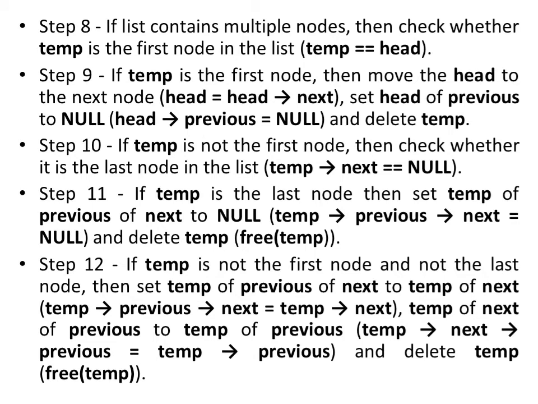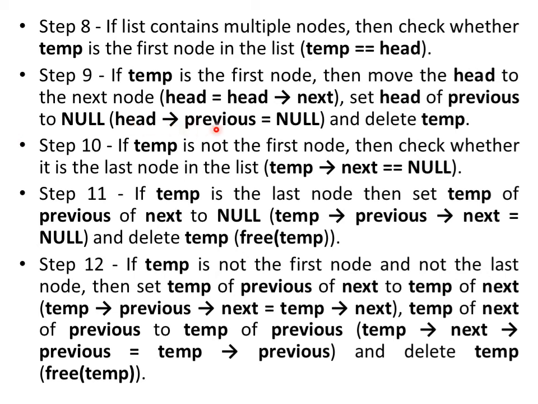Next, step 8. What happens if the list contains multiple nodes? Then check whether temp is the first node in the list. For that we take temp equals to head. If temp is the first node, then move the head to the next node. For that reason, we take head equals to head of next, and set head of previous to null.